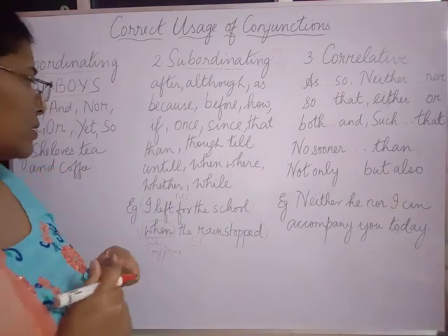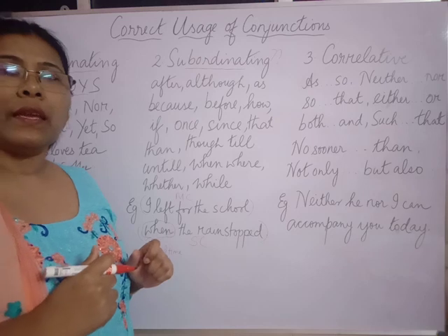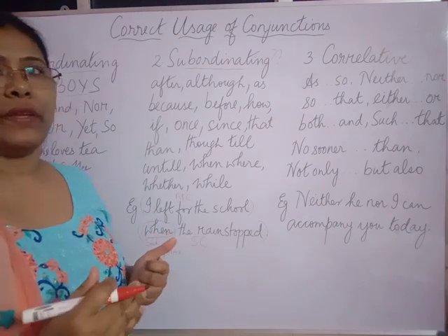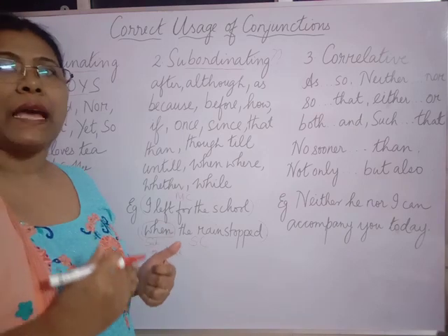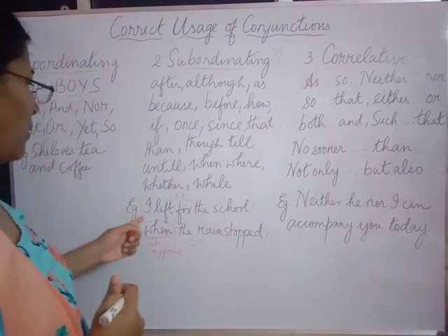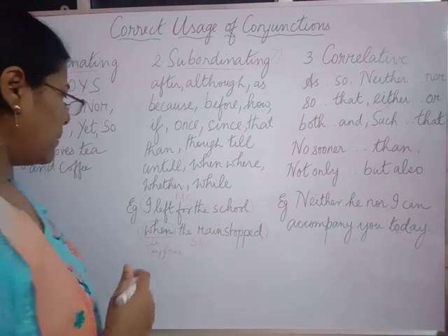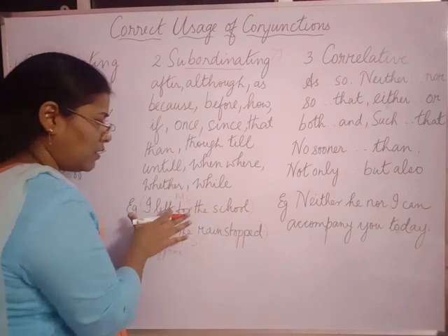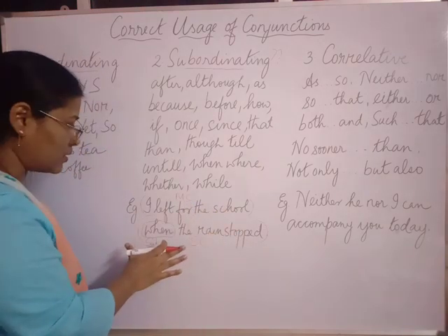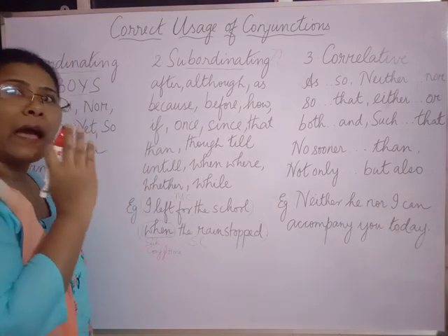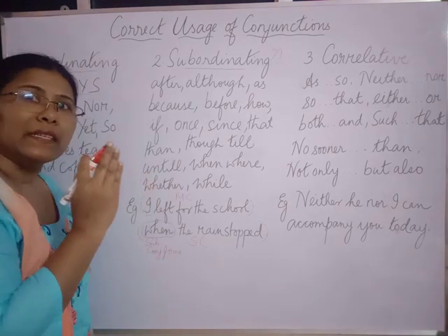Now, what is a clause? A clause has a subject and a predicate and a verb. Now, if I take this example, as I said, this is a main clause, and this is the subordinate clause. Clause has a subject and a predicate.